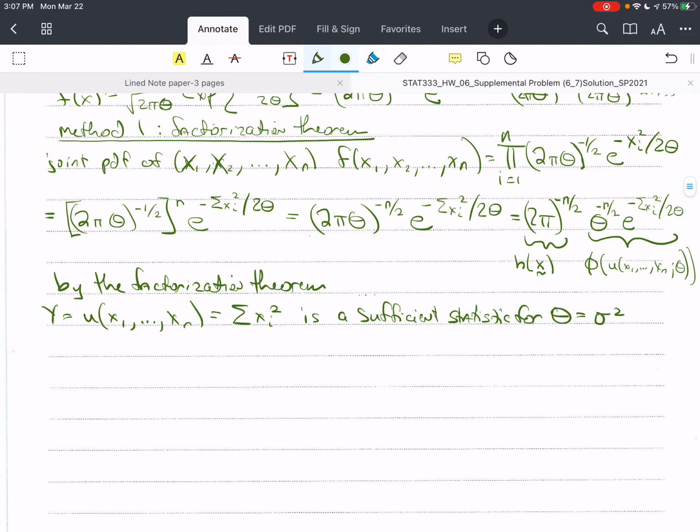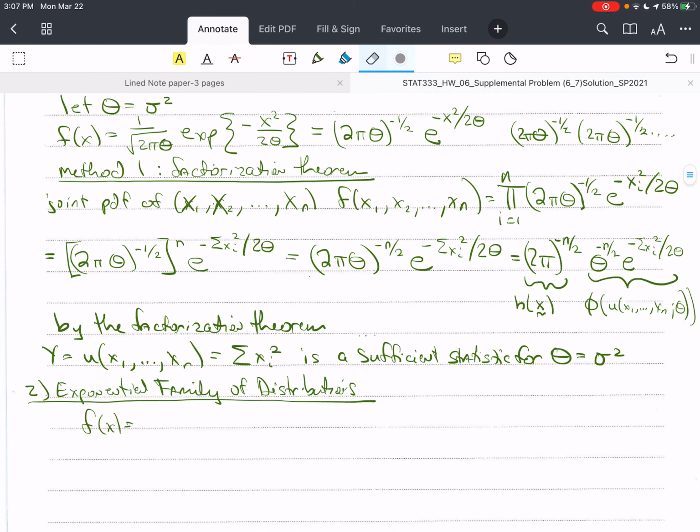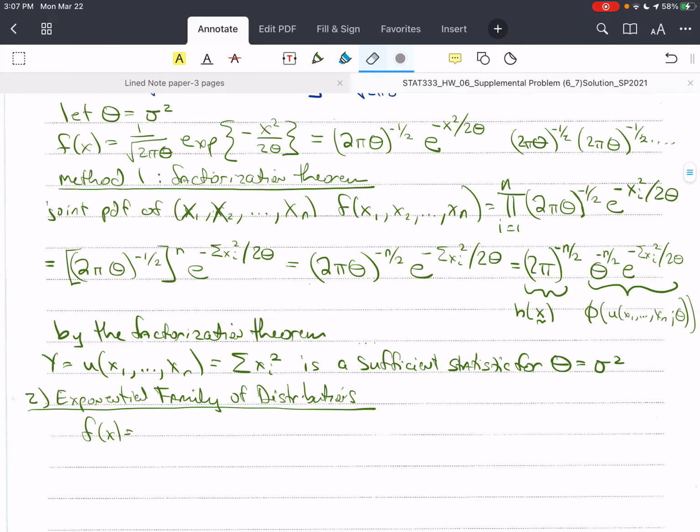Well, we could also use the exponential family of distributions. So that's method 2. And so we write f of x is equal to, and we have sigma. So we can go back to, we've already written this in a simple form.